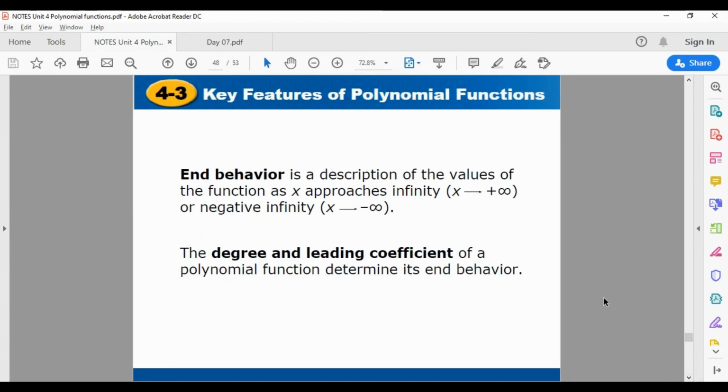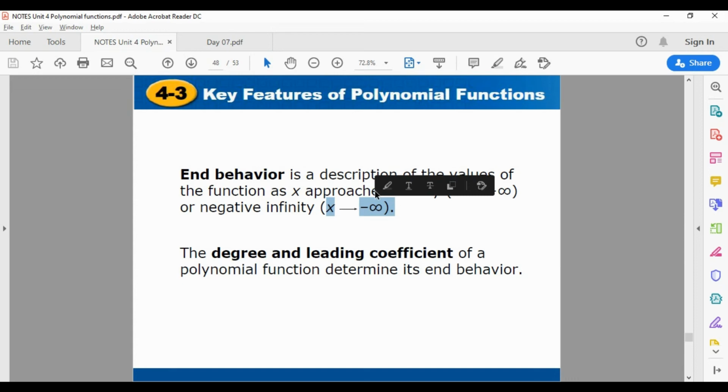All right, now we're going to talk about end behavior. When we're talking about the end behavior of a graph, we are talking about what happens as x gets incredibly large in both directions. What happens when x moves towards positive infinity, and what happens when x moves to negative infinity.